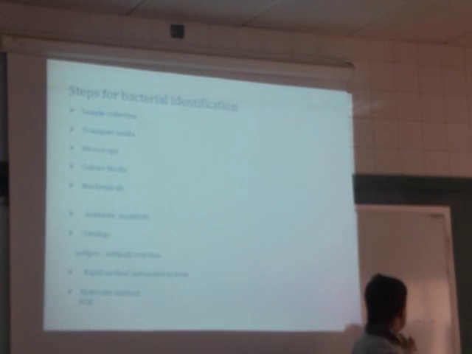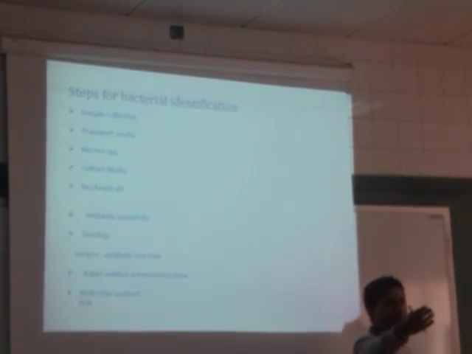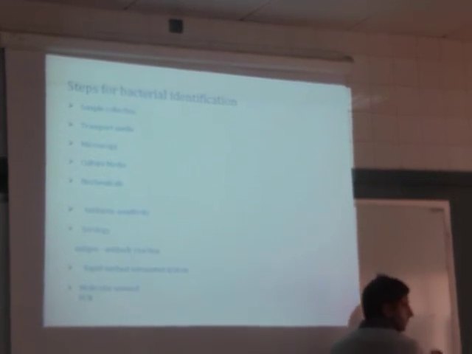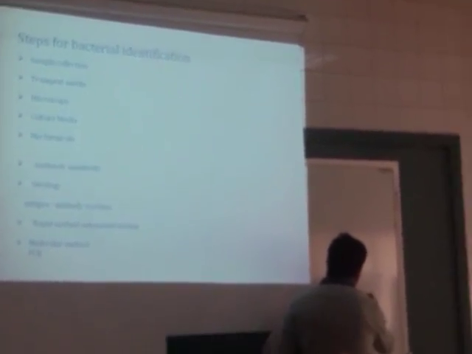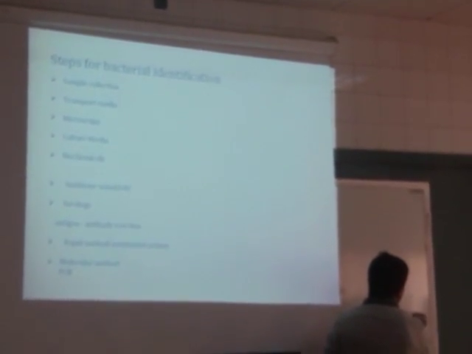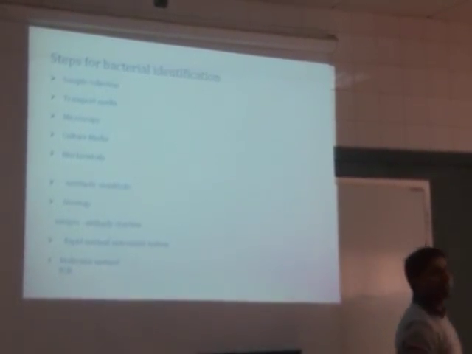Gram stain is a different technique which you do, but it has its own steps. 1, 2, 3, 4. After finishing, you can see under the microscope whether it's gram positive or gram negative. Also under the microscope you will see whether it is a cocci, whether it is a rod, in chains, and in clusters. All of this you can see under the microscope.